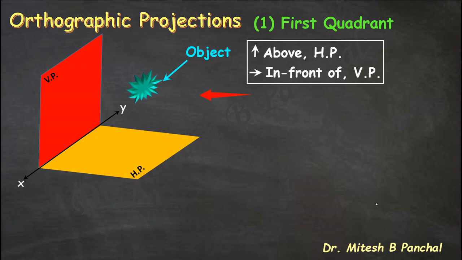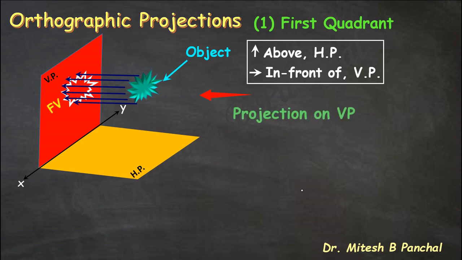All the projectors are parallel to each other and perpendicular to the plane of projection, so we get the projection of the object on VP, that is nothing but the front view.